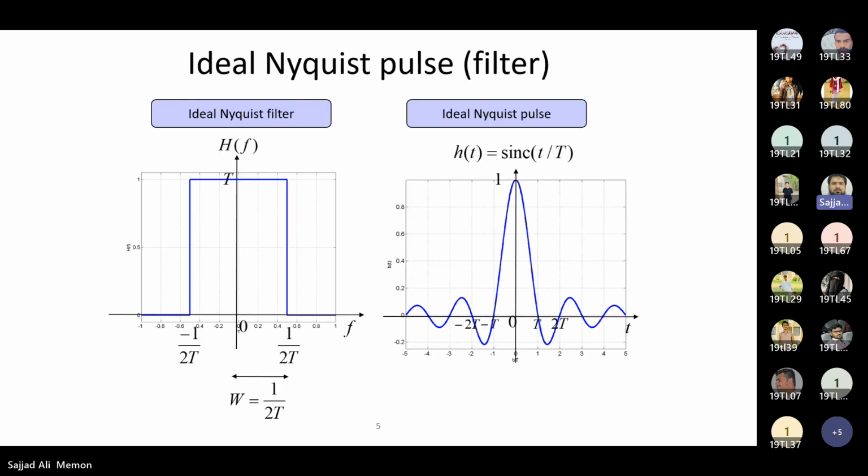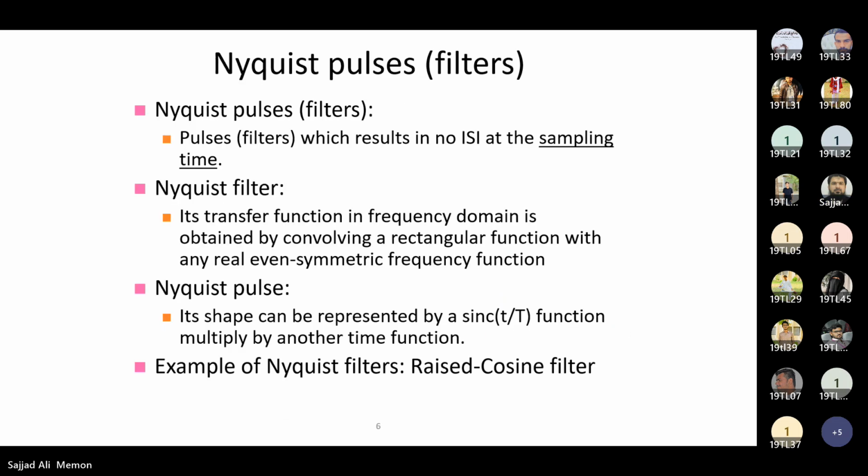So we have the ideal Nyquist filter, and we have the ideal Nyquist pulse, according to their bandwidth requirement, 1 over 2T. Nyquist pulse filters result in no ISI at the sampling time.